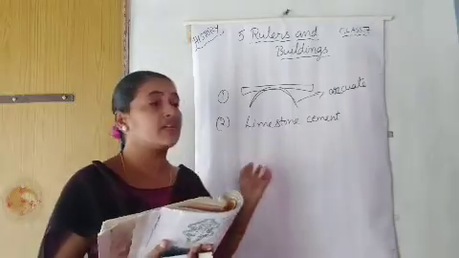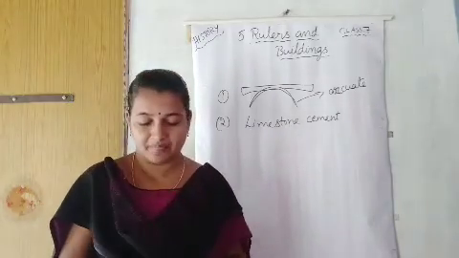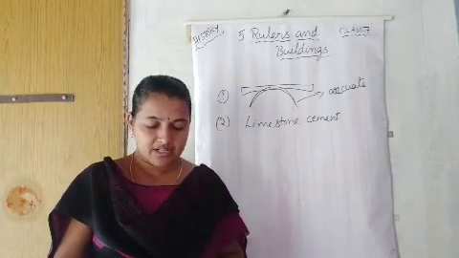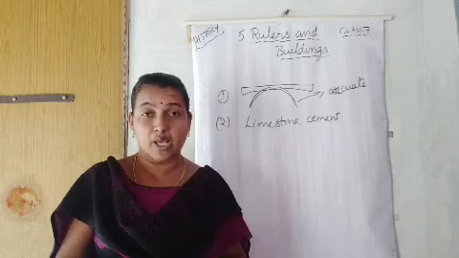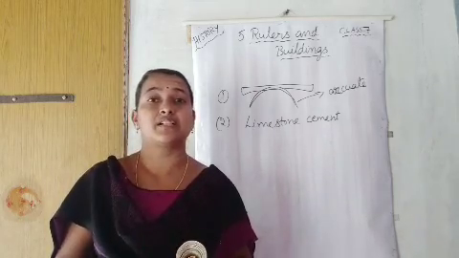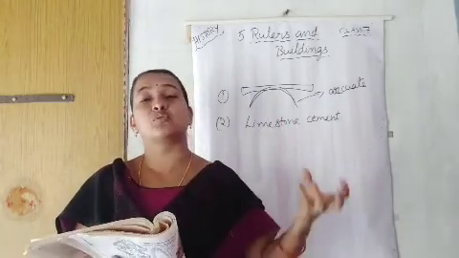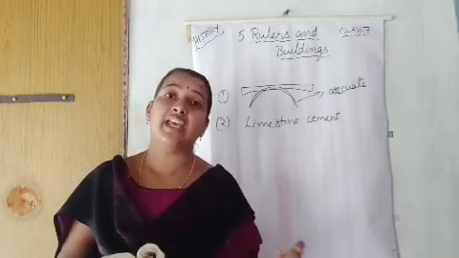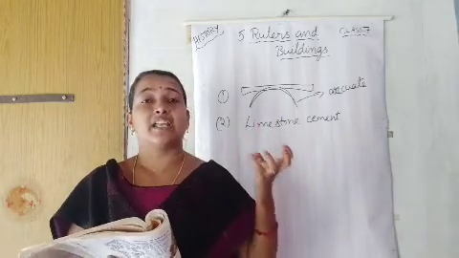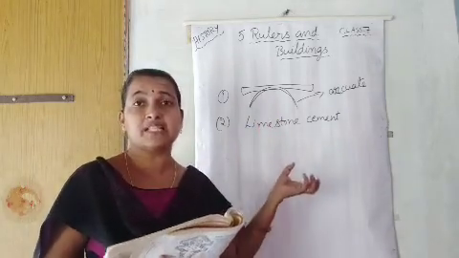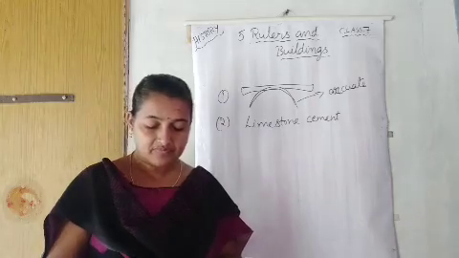Why did they focus on this? Because they are the places of worship. They were also meant to demonstrate the power, wealth and devotion of the patron. So however much devotion the king has towards God and however much care he is showing, everything will be represented in these temples and mosques.